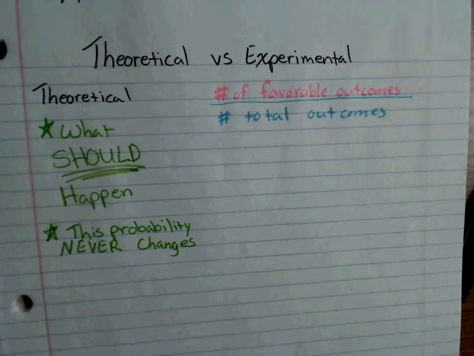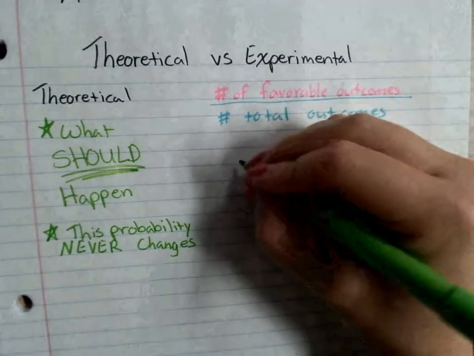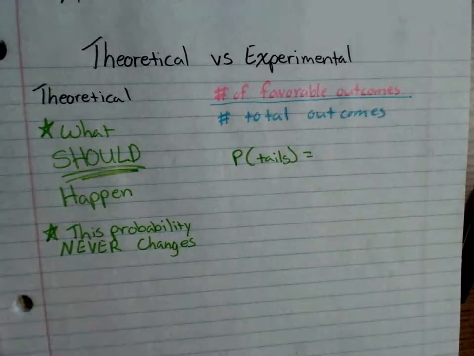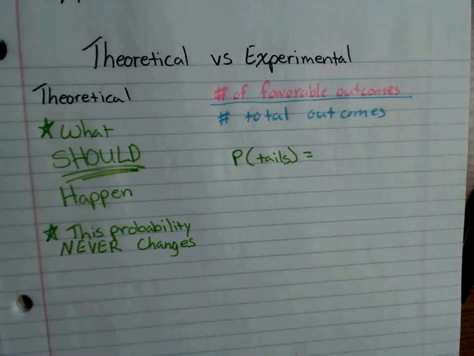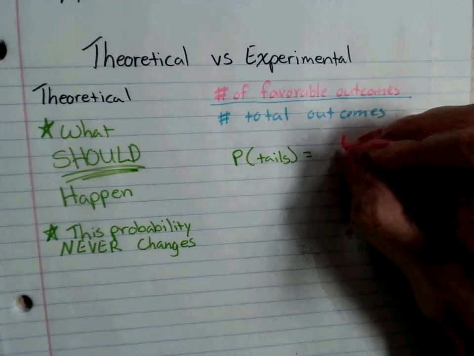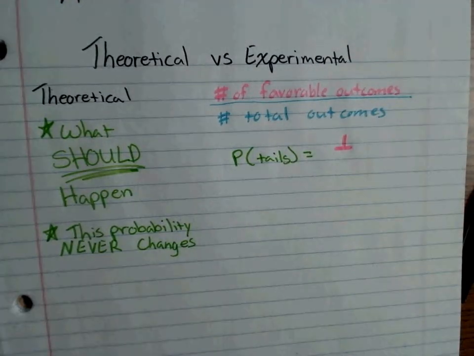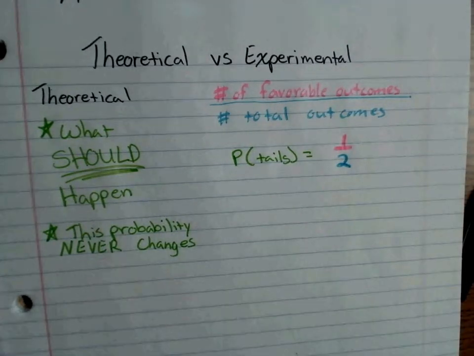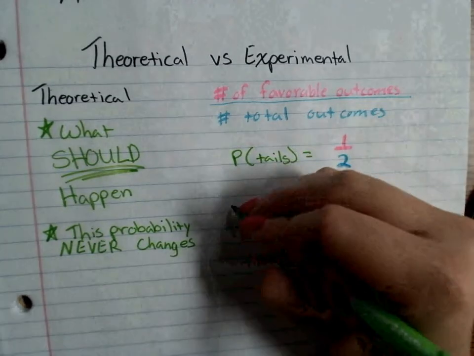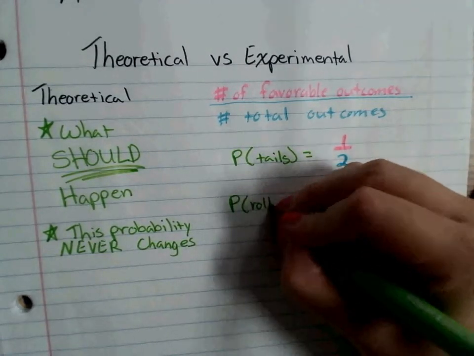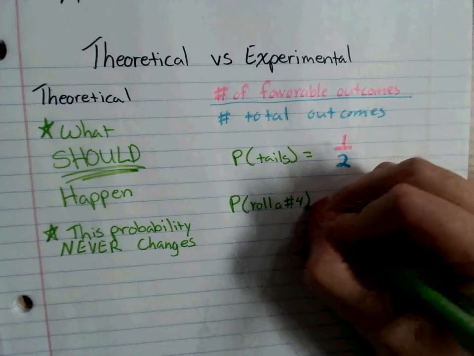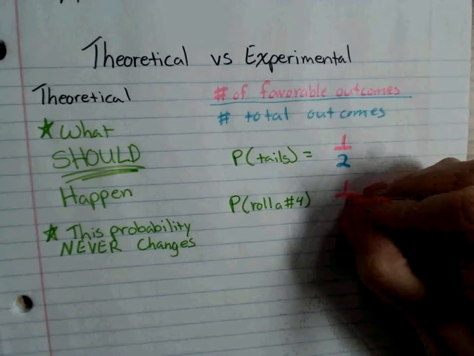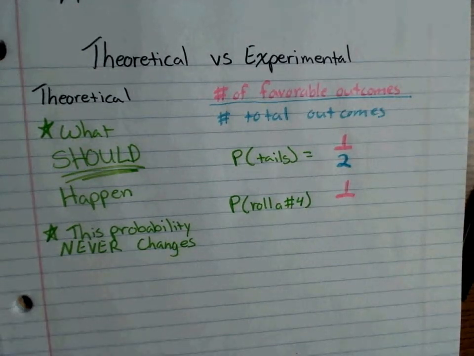So like I stated before, the probability of landing on tails, tails being the favorable outcome, occurs only 1 time on a coin out of 2 whole outcomes that a coin has. The probability of rolling a number 4: the number 4 occurs only 1 whole time on the die out of a total of 6 numbers on that cube.